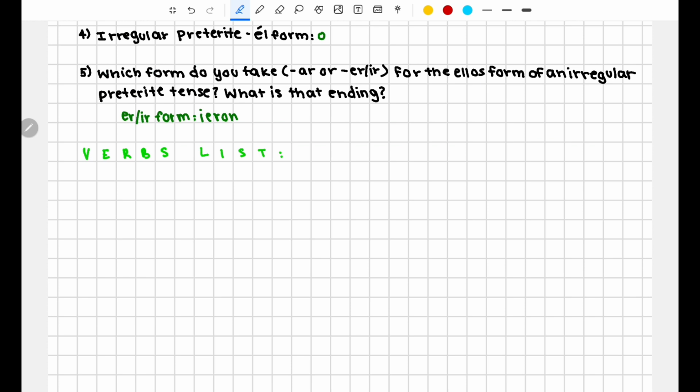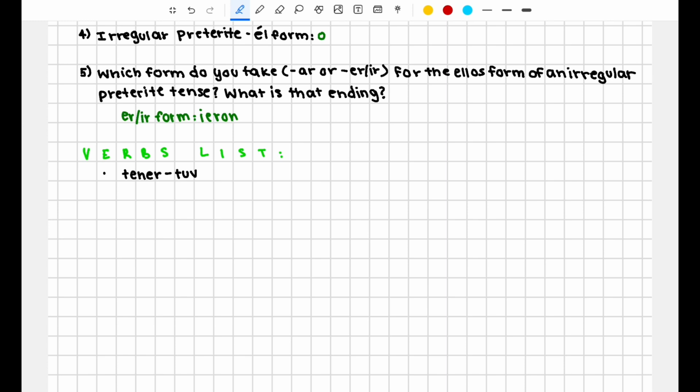So we're going to talk about some of the most common irregular preterite tense verbs that follow this pattern. We're just going to list them out and then look at all of their stems. And that way, in the future, we can put the stem together and the ending together and have our irregular preterite tense verb. I talked about tener.